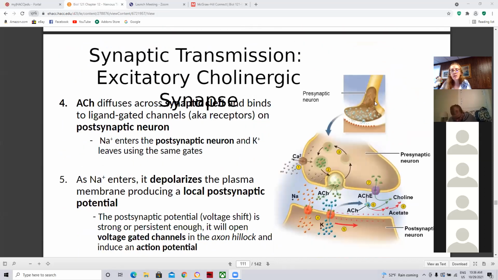The acetylcholine is going to diffuse across the synaptic cleft and bind to ligand-gated channels, called receptors. It's going to open sodium channels, and potassium is going to leave via the same gates. As sodium enters the postsynaptic cell, it's going to produce a local postsynaptic potential.